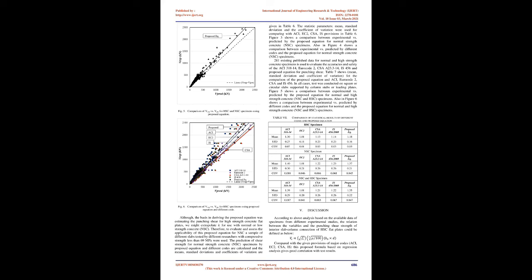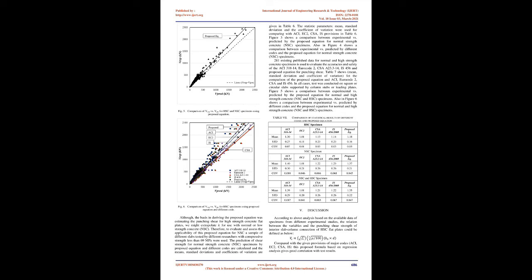In case of using NSC and HSC together, the ACI 318-14 shows the most conservative and scattered results among other design codes, as evidenced by the highest mean of 1.39 and standard deviation of 0.29. While EC2 prediction shows the least difference to the experimental values with the lowest mean of 1.01 and least scatter with a standard deviation of 0.20.